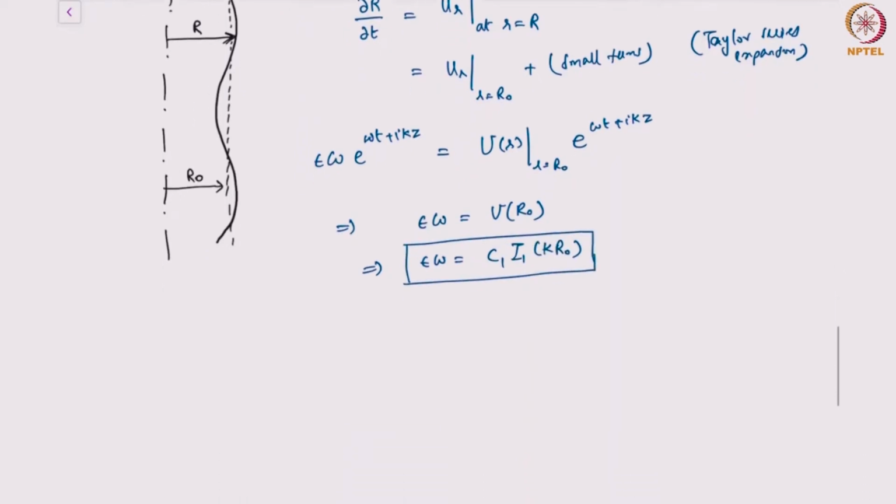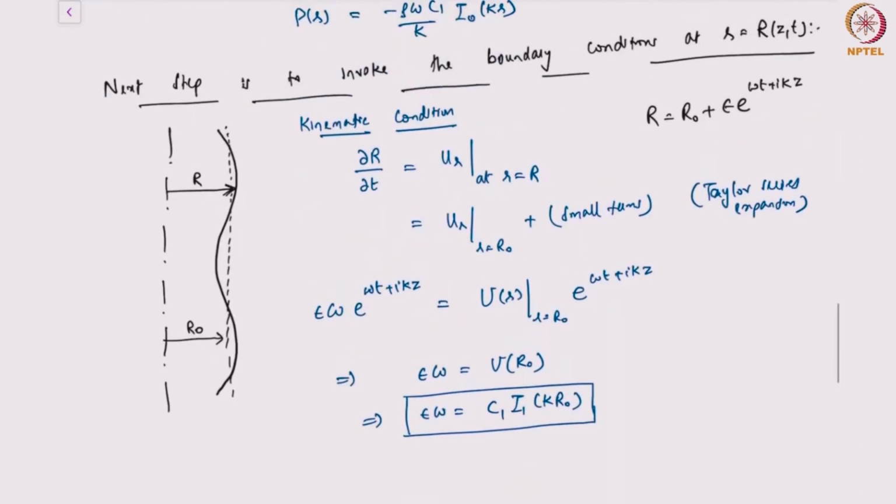That's the first condition. The kinematic condition is just a geometrical condition. It says that if the radius is bulging out, you need to have fluid filling in that void. Fluid has to be pushing in at the interface to bulge out. At the same time, if the radius is shrinking, squeezing at some z location, the fluid has to move away and give space for the interface to shrink.